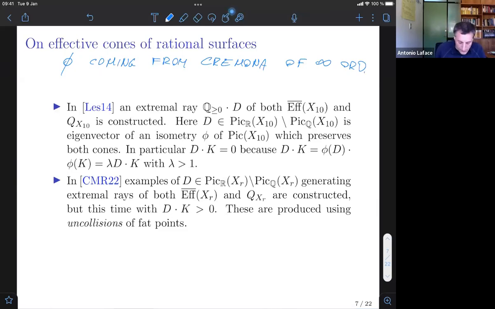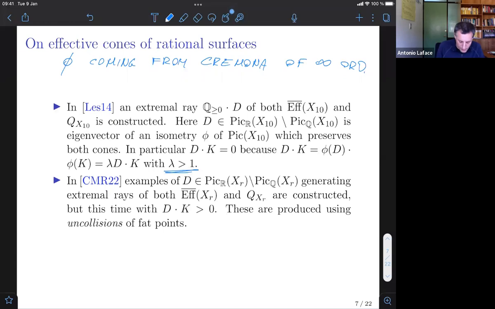And there is a theorem of Birkhoff, which says that if you have an isometry which preserves a cone, and you look at the eigenvalues of this isometry, it has one real eigenvalue bigger than 1, and all the other ones have modulus less than or equal to 1, then the corresponding eigenvector is an extreme ray of your cone.